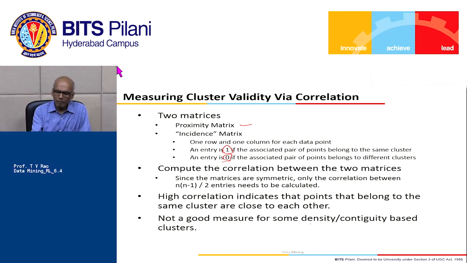But if we have a challenge of contiguity-based clustering, where we are looking for a particular shape of cluster, because we can see a natural cluster of a particular shape based on density and contiguity, etc., then this correlation may not work well. It considers the relation between all the points based on the same criterion, whether they are together in the same cluster or not.